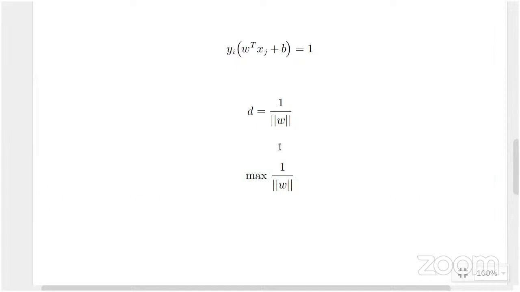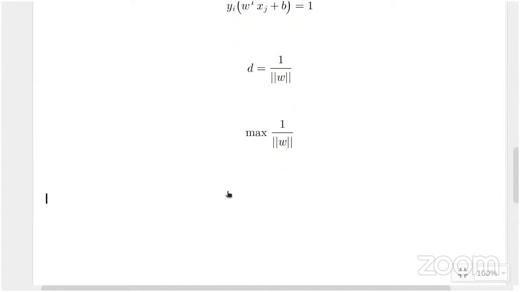This is the same as minimizing the reciprocal of the margin, that is minimizing norm W. But norm W has a square root of all these things, so it's not very good to work with. So I would rather minimize the square of norm W, and for mathematical convenience, I will add 1/2 here. This is what I finally end up with.